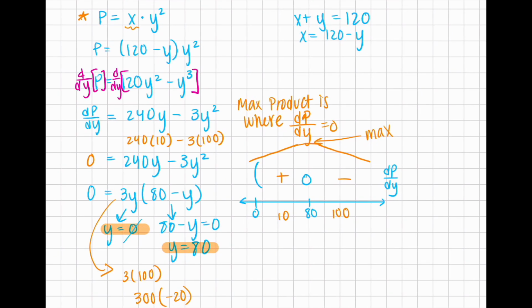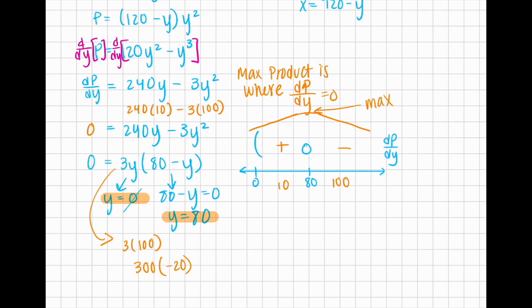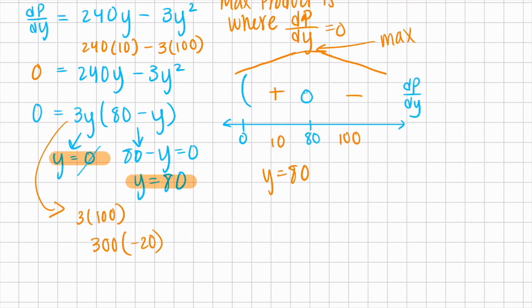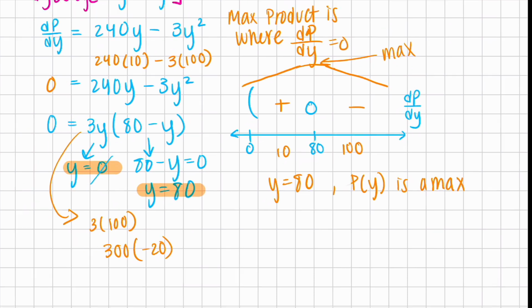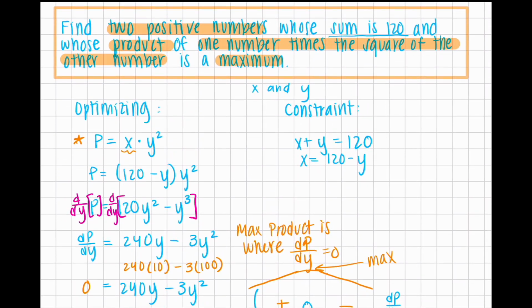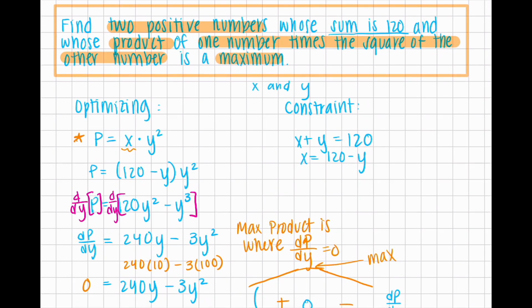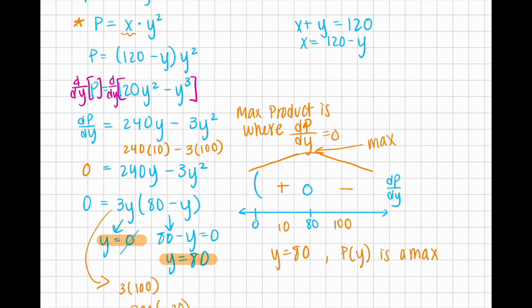So what did we just find out? We know that at y equals 80, P of y, the product, is a maximum. Let's make sure we're answering the question. They want us to find both positive numbers. So I found one of them, but I need to find the other one. I already solved for y, so we need x.